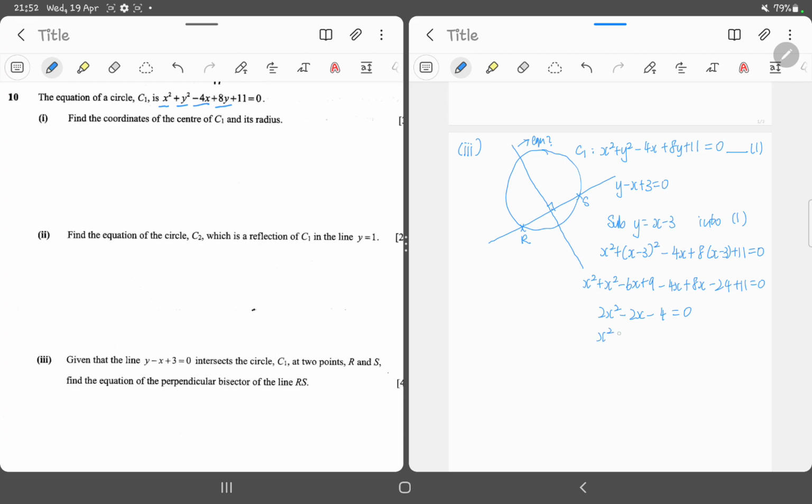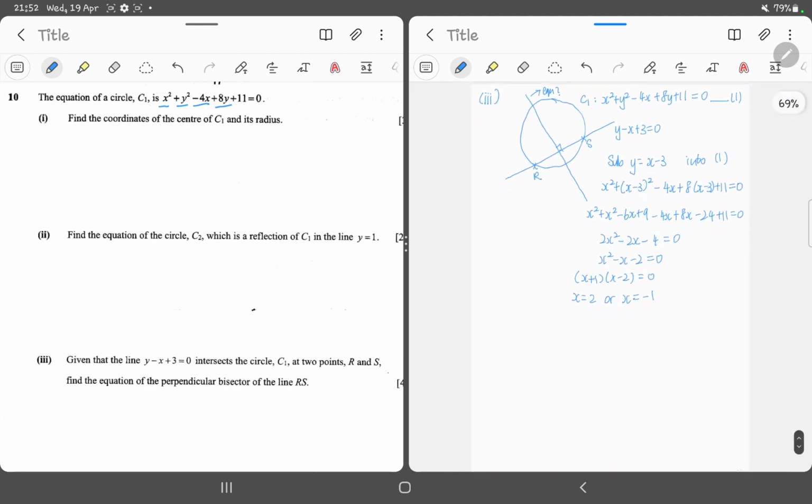Divide everything by 2, we get x squared minus x minus 2 equals to 0. Factorizing this, we get x plus 1, x minus 2 equals to 0. So we get x equals to 2 or x equals to minus 1.